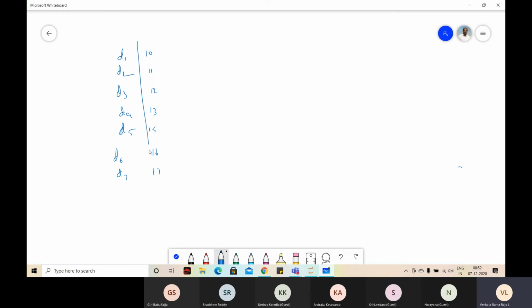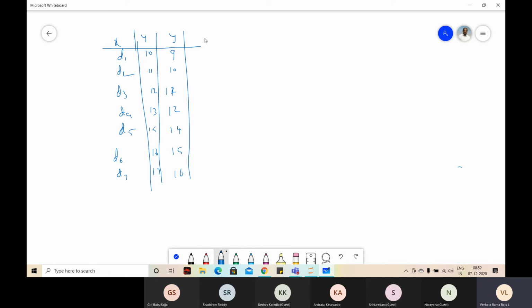Now I built a linear regression model. This is X and this is Y. Suppose I predicted Y cap. For the first day it predicted 9, second day 10, third day 11, fourth day 12. I am taking a hypothetical example here; it's not going to be like this in real time.